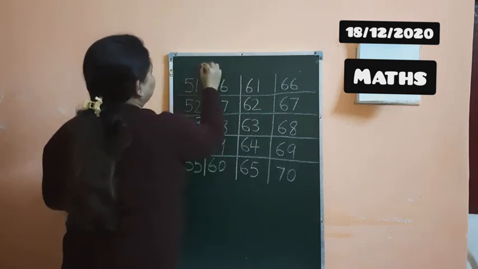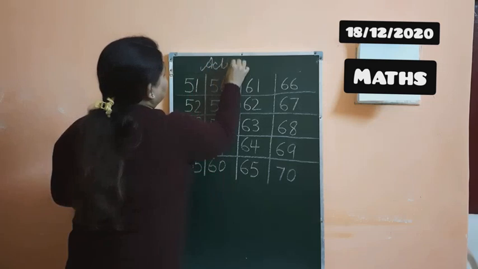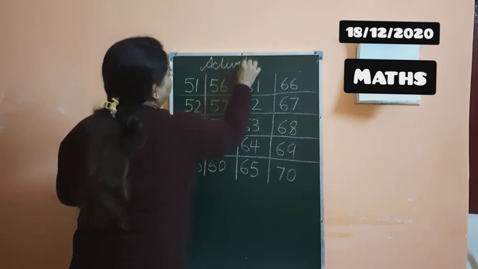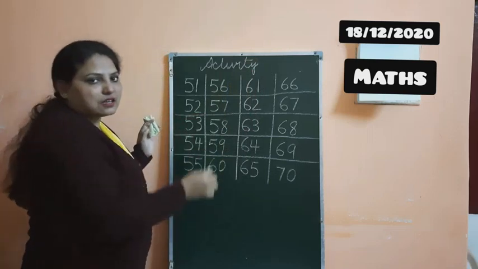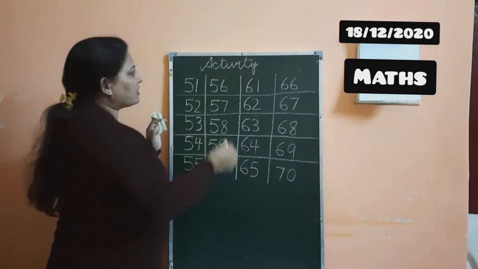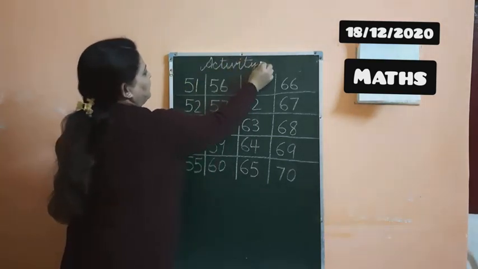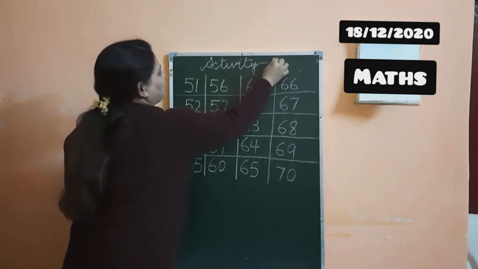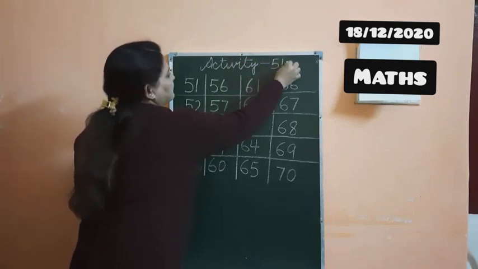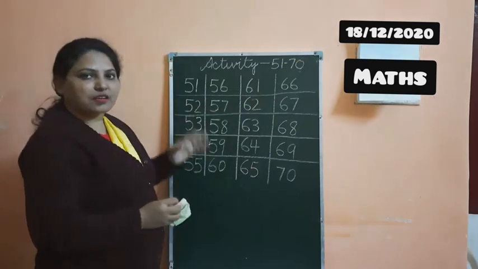This is your activity, numbers 51 to 70. Okay children?